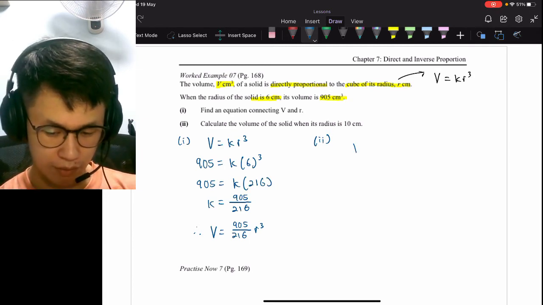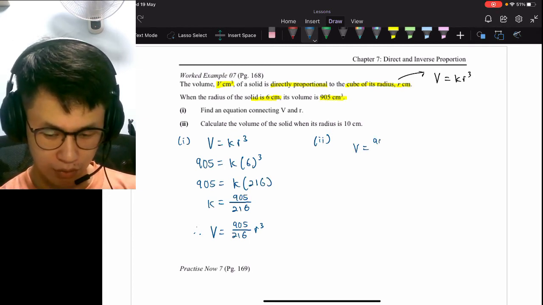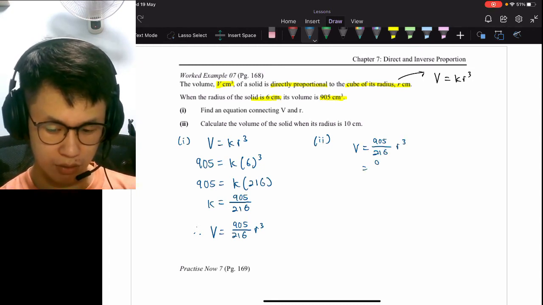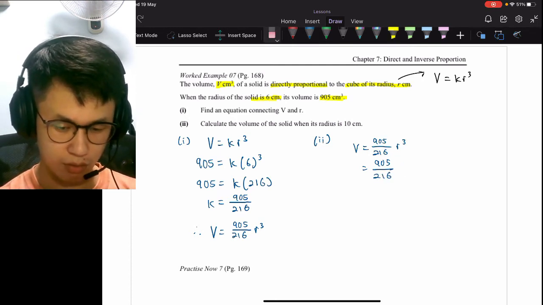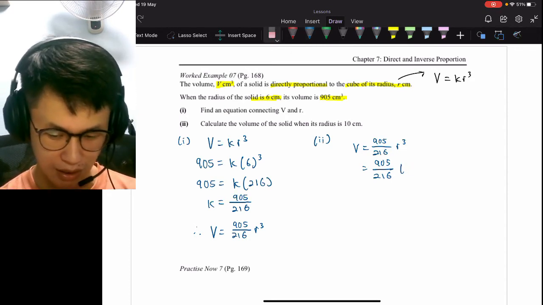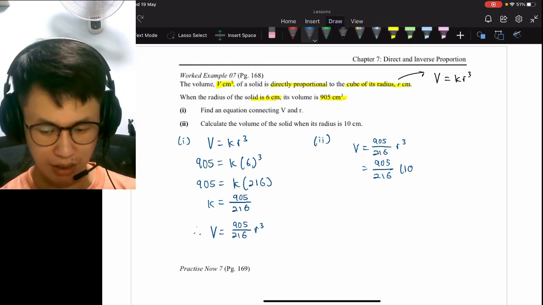So when V equals 905 over 216 times r cube, this is equal to 905 over 216 times, okay, it shouldn't be 8, it should be 10. What am I talking about? 10 cube.